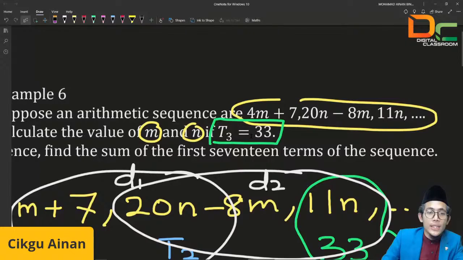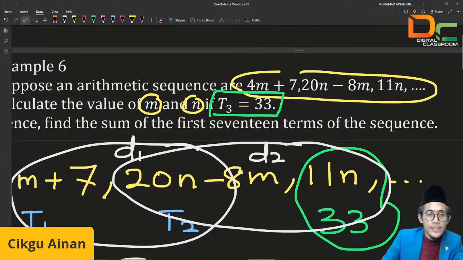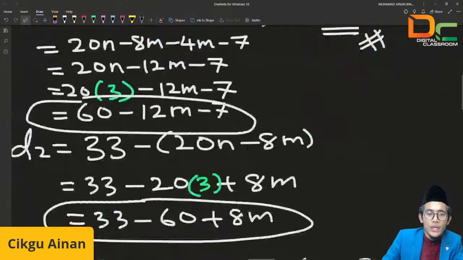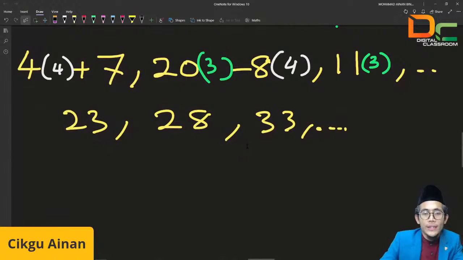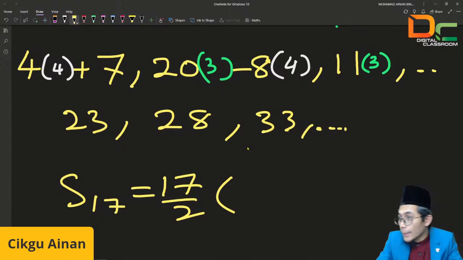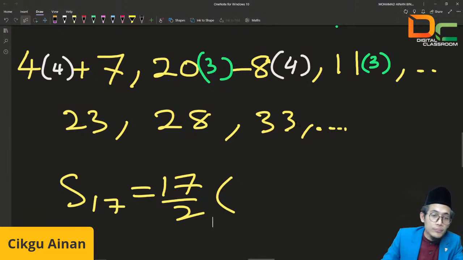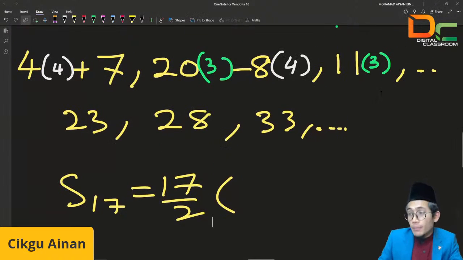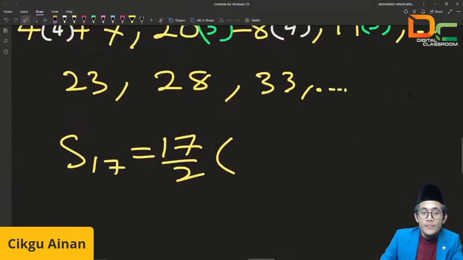So we have m and n. Hence, find the sum of the first 17 terms. Okay, so we want to find the sum of the first 17 terms. So 17 over 2 double the first term.